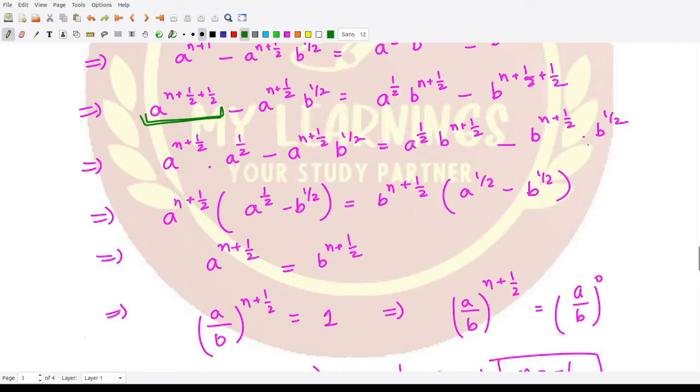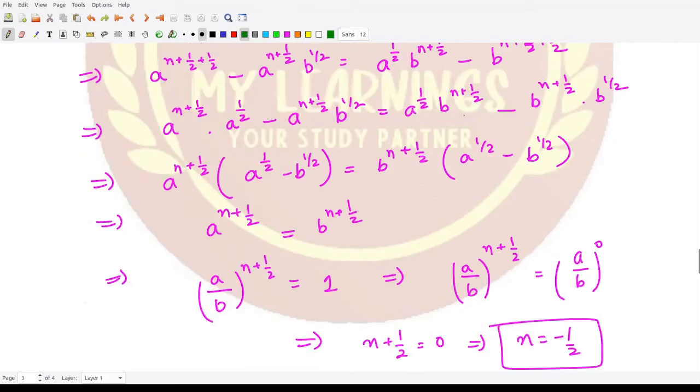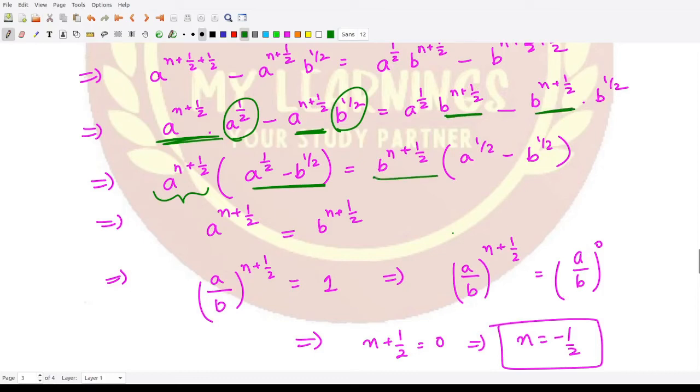Now in the expression that we have obtained, the term a raised to power n plus 1 by 2 is common, so you can take it as common. You are left with this term minus this term, correct? And similarly here, this term is common in both the terms, so you can take it outside the bracket. You will be left with a raised to power 1 by 2 minus b raised to power 1 by 2.